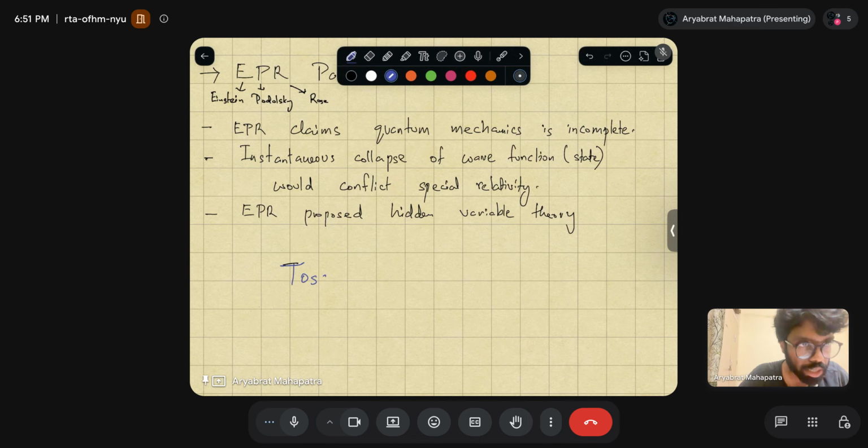Can anybody try to guess whether the tossing of a coin, which lands either head or tail, is a probabilistic event or a deterministic event?